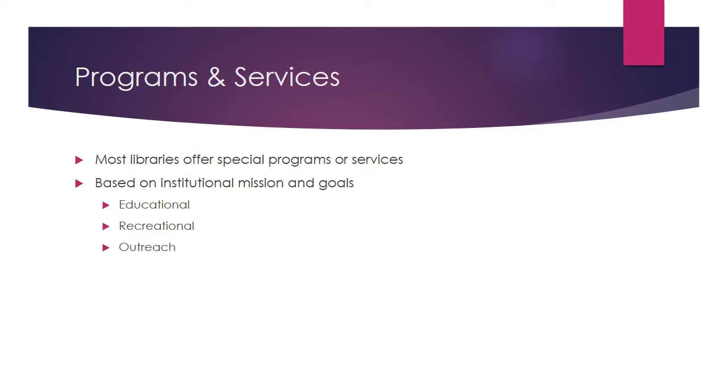There are different types of services and programs that can be generally categorized as you see on the slide. So educational types of programs like literacy programs, English as a second language or English language learning, homework assistance, that sort of thing. And then of course you'll have more recreational types of things, which are still educational since it's still a library, but things like summer reading and book clubs, games, board games, that kind of thing.